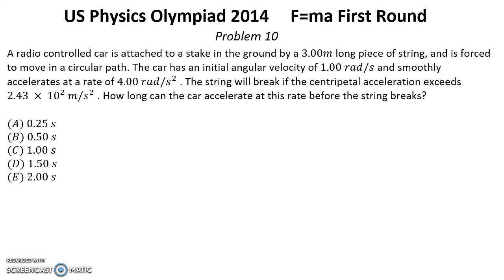The string will break if the centripetal acceleration exceeds 2.43 times 10 to the power 2 meters per second squared. How long can the car accelerate at this rate before the string breaks?